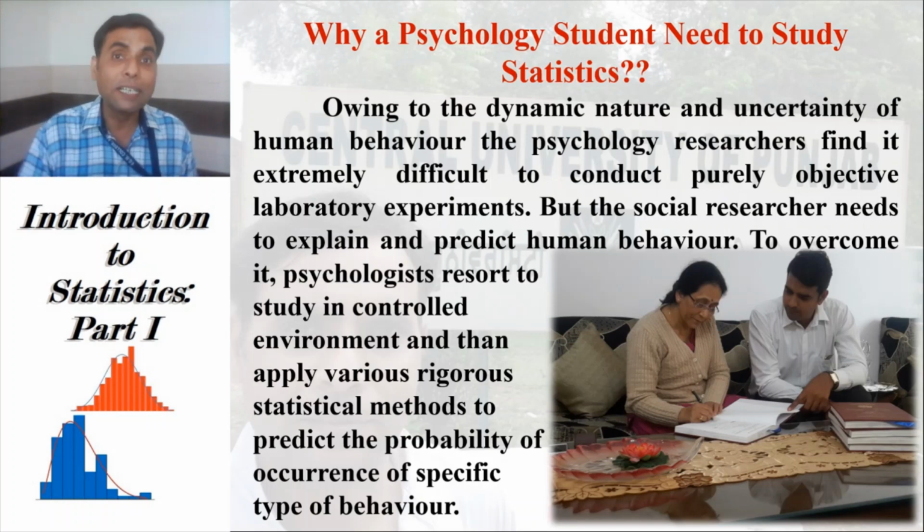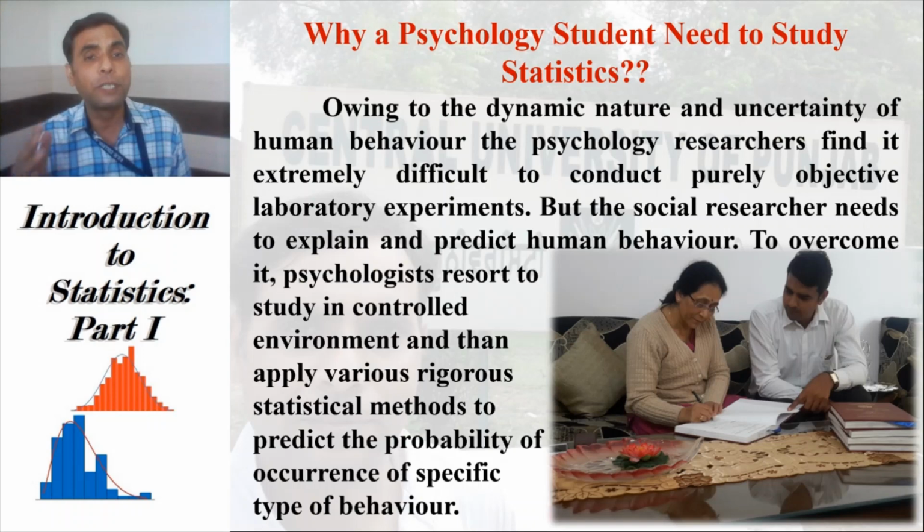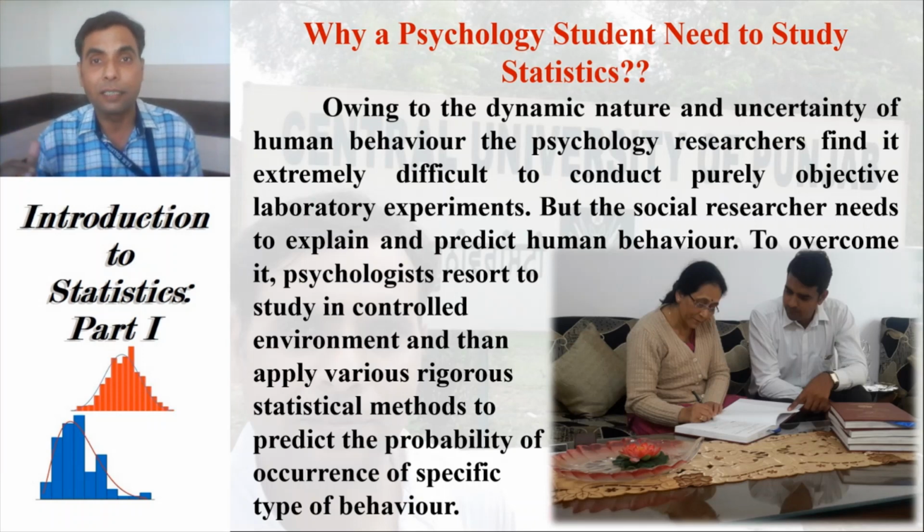Due to this, psychology researchers find it extremely difficult to conduct purely objective laboratory experiments. The basic reason for studying statistics is that human behavior is uncertain and dynamic, and for a thing which is so uncertain and dynamic, it becomes difficult for researchers to study that phenomenon in a controlled environment or laboratory.